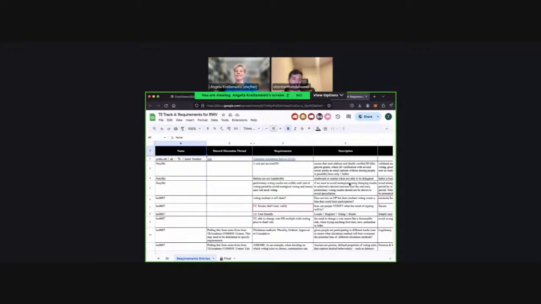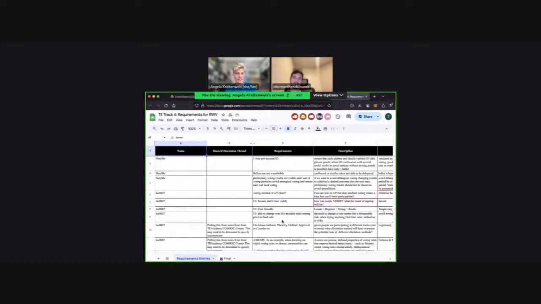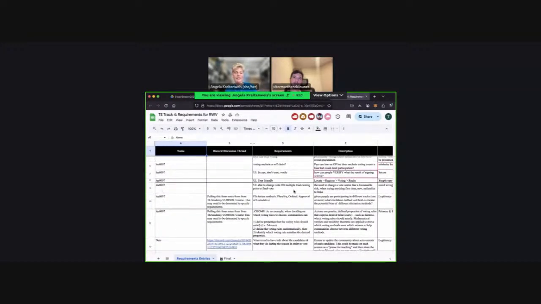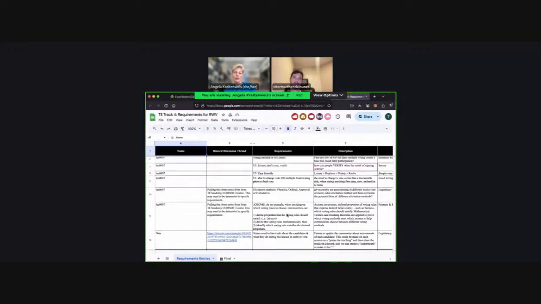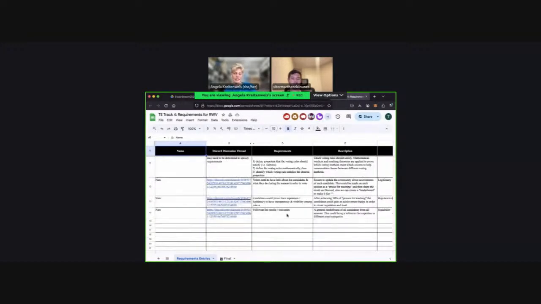For now, just try to capture everything you've encountered in our conversation, either because I mentioned it explicitly as a requirement from TE Academy's side, or because you feel this is something relevant. If you take a look at, for example, these comments on how can we gain legitimacy for choosing the voting algorithm, this is something you can bring up yourself, and we should just try to capture everything.